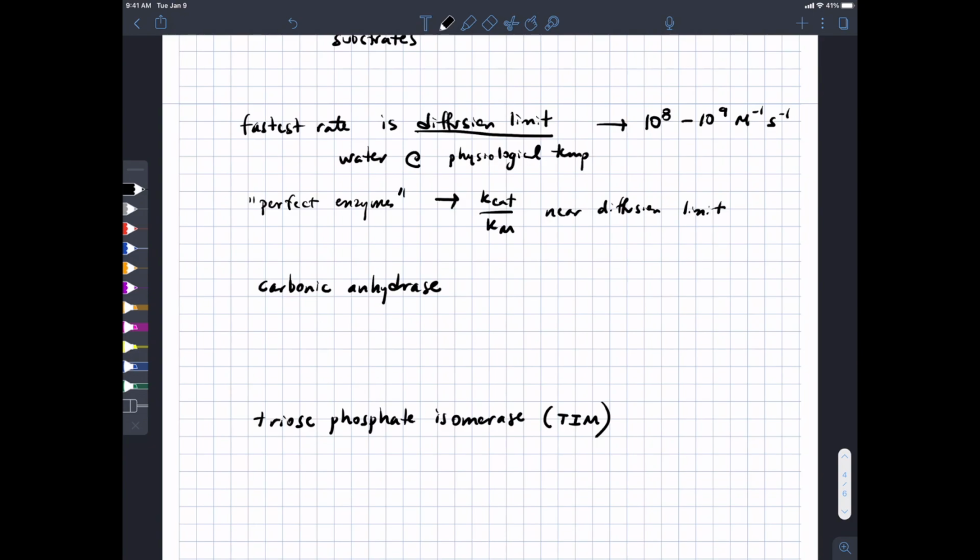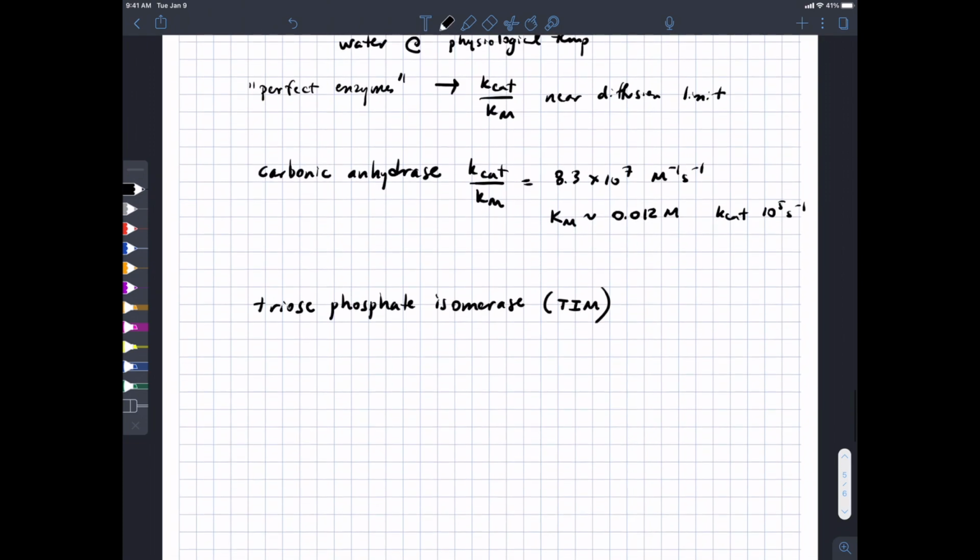For carbonic anhydrase, kcat over Km equals 8.3 times 10 to the 7th per molar per second. So that's pretty close to the diffusion limit. Km for carbonic anhydrase is around 0.012 molar, whereas kcat is about 10 to the 5 per second.